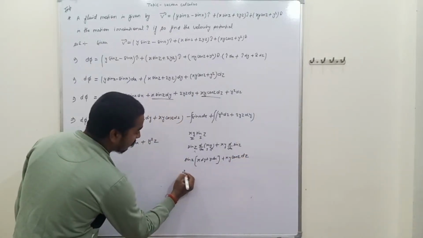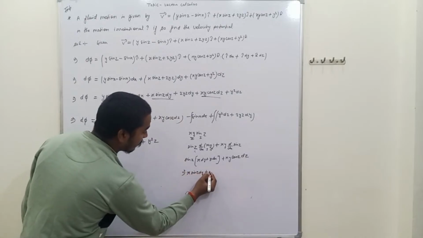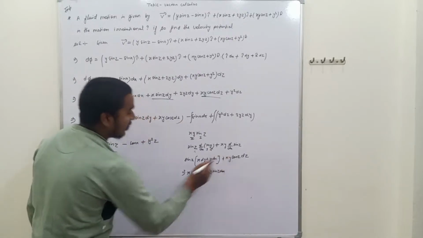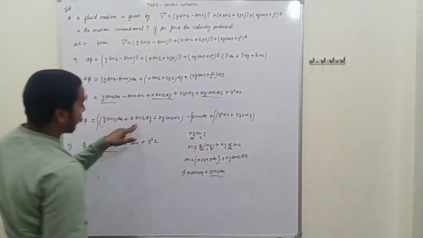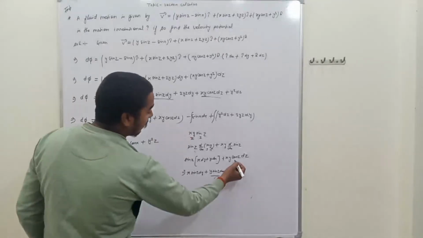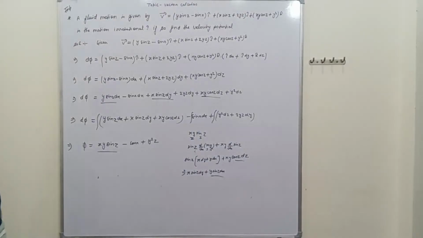Then we get x sin z dy + y sin z dx + xy cos z dz. We get the above result because differentiation is the inverse process of integration.